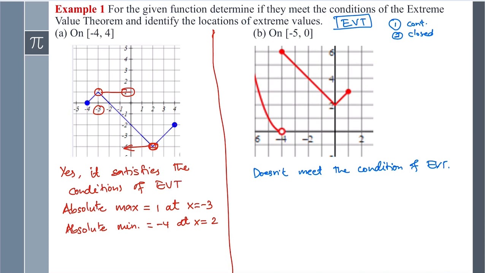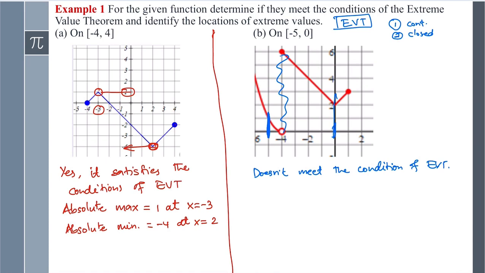The reason for that is this function is not continuous on the interval from -5, which is over here, to 0 here, because there's a jump here. So the reason that it does not meet the condition of the extreme value theorem is the function is not continuous on the given interval.